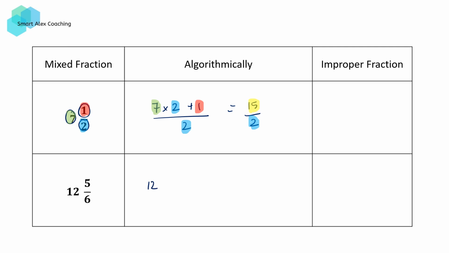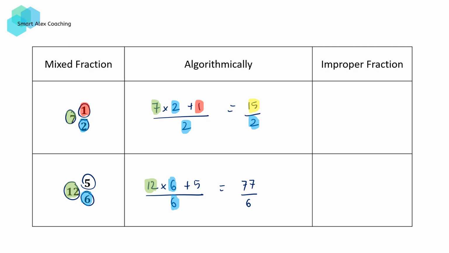So for the second example, 12 5/6. Again, we take the 12 from the whole. We multiply it by the denominator of 6, and then we add 5 from the numerator, everything over 6. And that's going to be the same as 77 over 6. Where the numbers are coming from: 12, that's from our whole. The denominator is 6.